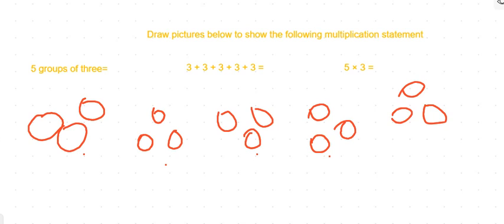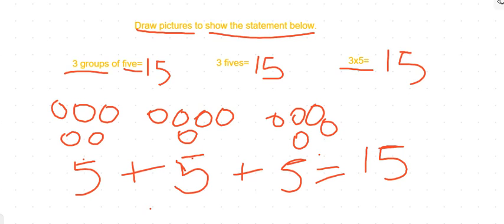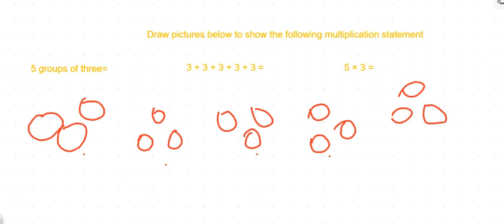What do you notice? I'm hoping you're saying the groups are more, but they're smaller. And you're absolutely right. In the first one, the groups were bigger, but there were fewer. In the second one, you notice the groups were way more, but they had smaller amounts inside of them.